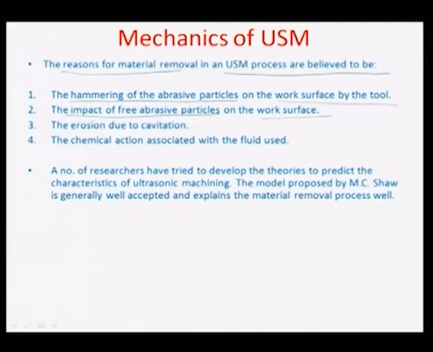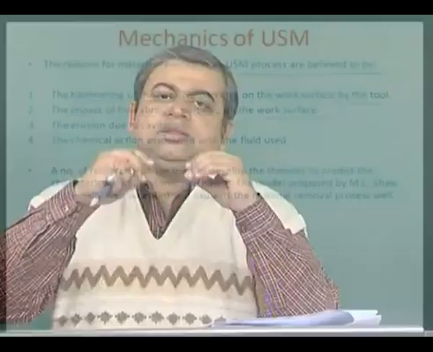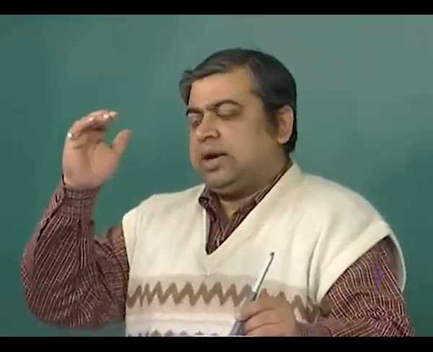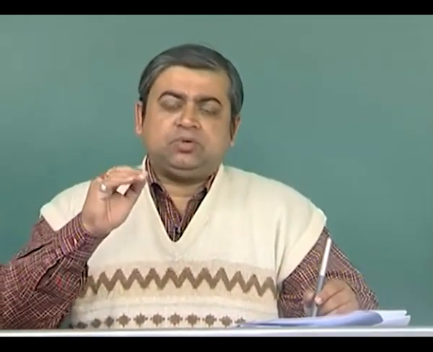What we mean by free abrasive grains here is that when the slurry comes between the tool and the workpiece, there is a gap between them which almost always exists. Because we are giving small-amplitude motion to the tool, its position changes from very close to the surface to farther away from it, and there is always a possibility of grains of small diameter, say close to 15 or 20 microns, flying between the tool surface and the workpiece surface.